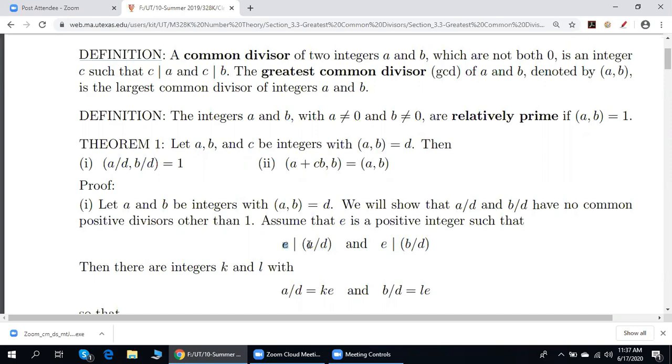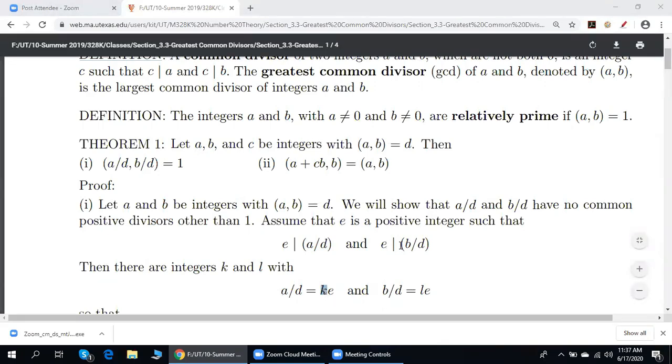Since e divides a divided by d, a divided by d is equal to ke, where k is some integer. Since e divides b over d, b over d is equal to e times some integer, by definition of divisibility.